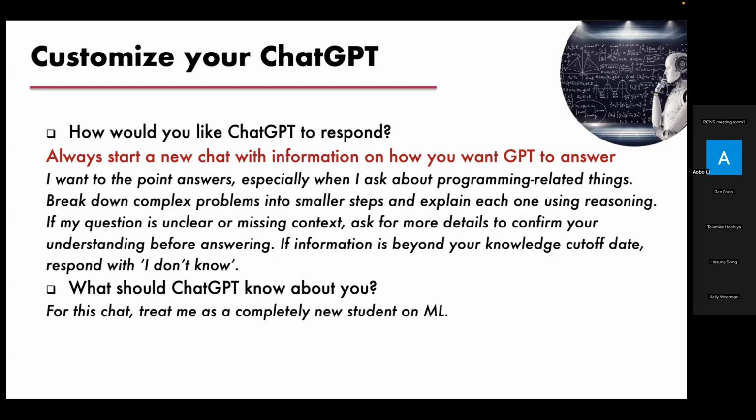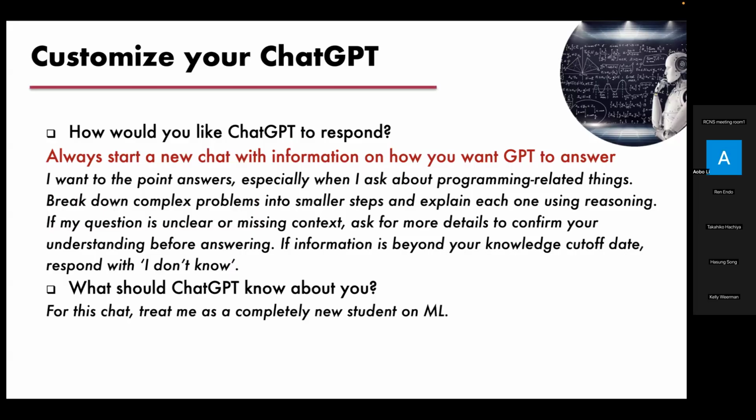So how would you like GPT to respond? Every time I start a new chat, I just copy and paste this information that I have, so I always have this standing. I want to-the-point answers, especially when I ask about programming related things. Break down complex problems into smaller steps and explain each one using reasoning.